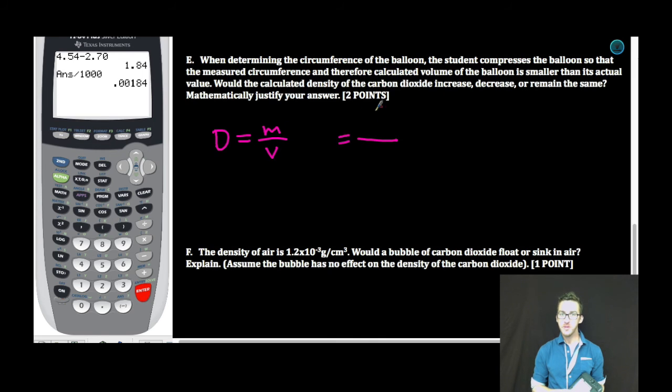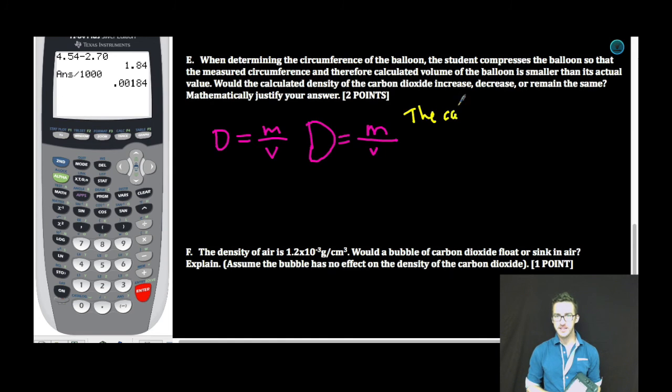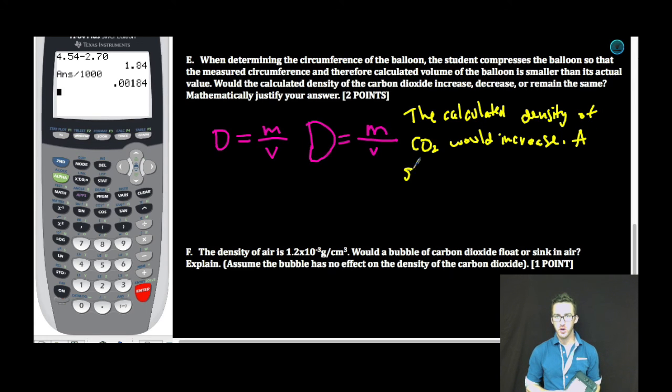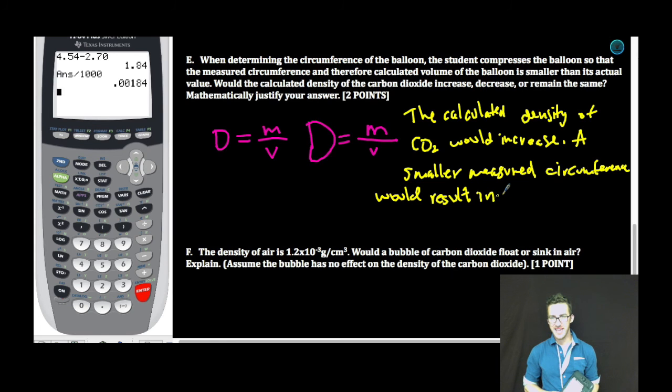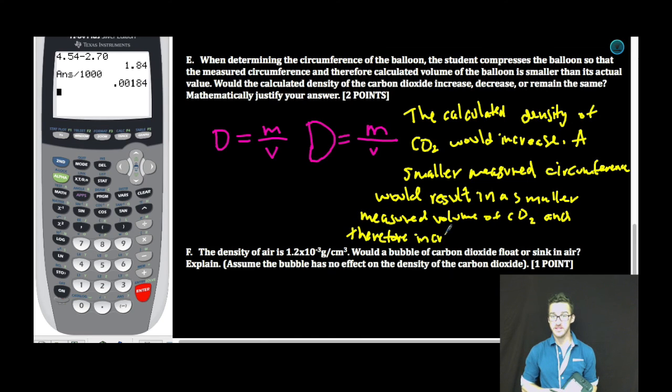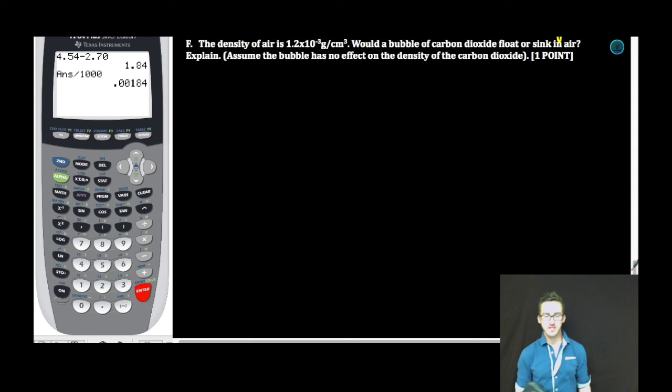Now, if we were to manipulate the variable so that volume decreased, the mass would stay the same, our density would increase because we're dividing by a value that is smaller. So, the calculated density of CO2 would increase. A smaller measured circumference would result in a smaller measured volume of CO2 and therefore increase the density. Boom.